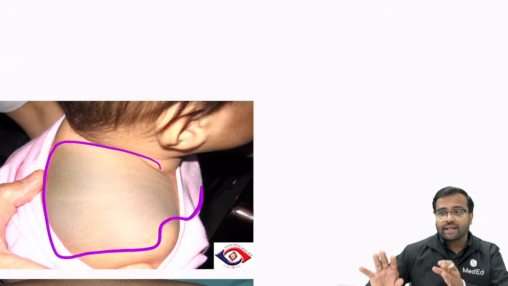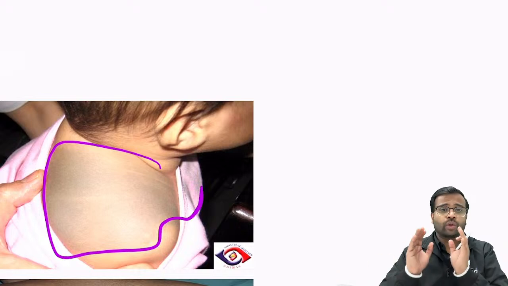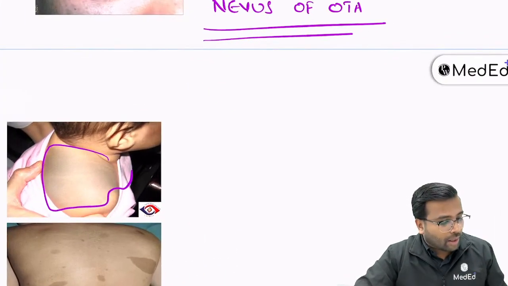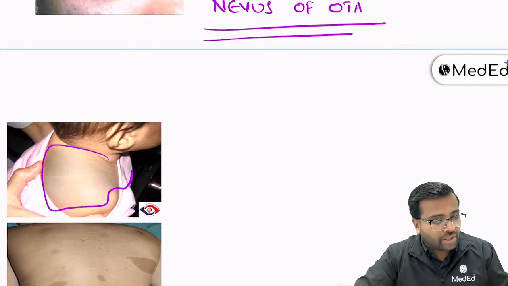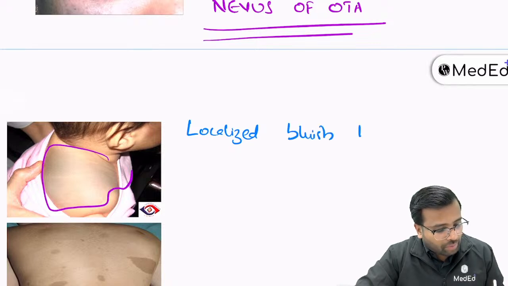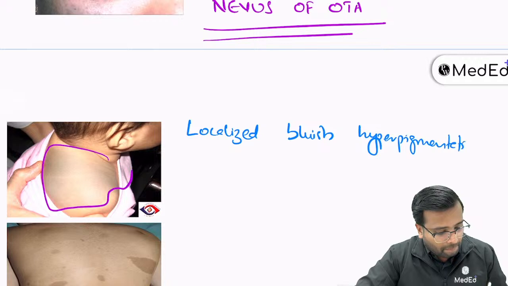So when you see a patient, I'll just write down, the complaint is that the patient is having a localized bluish hyperpigmentation over the shoulder area.